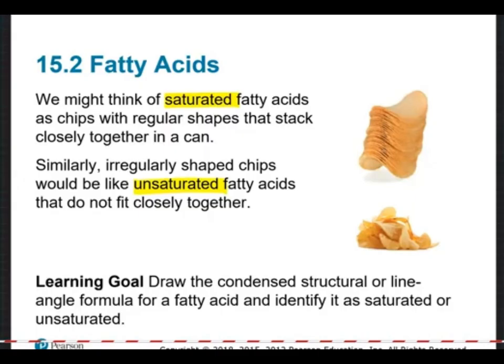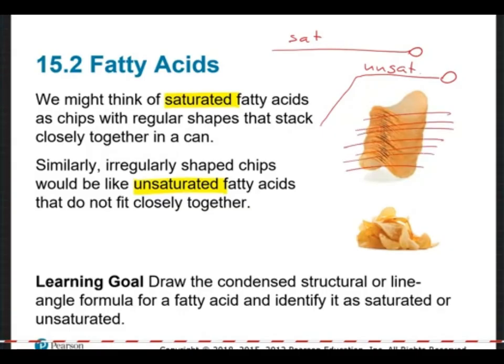So in a very simple way, I can present it that this is saturated and this is unsaturated. So saturated fatty acids, therefore, their molecules can be stacked, and unsaturated cannot. That will determine their physical and to some extent chemical properties.